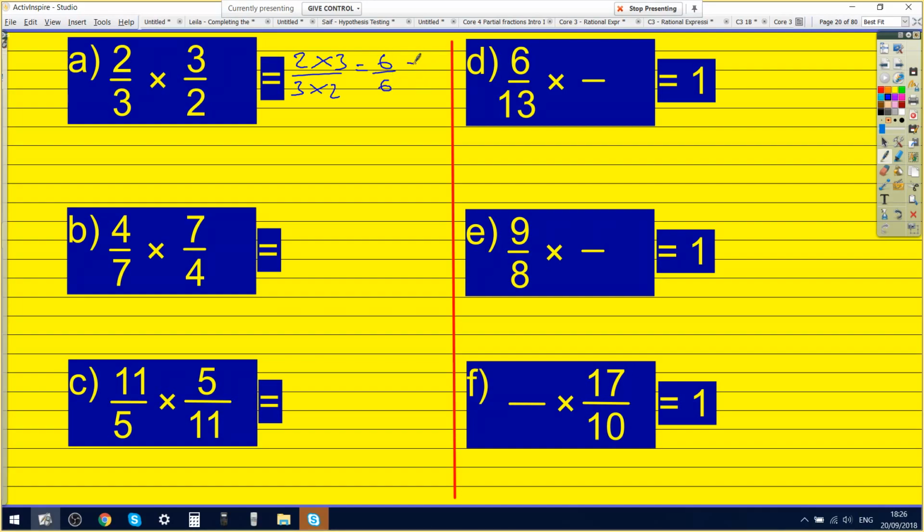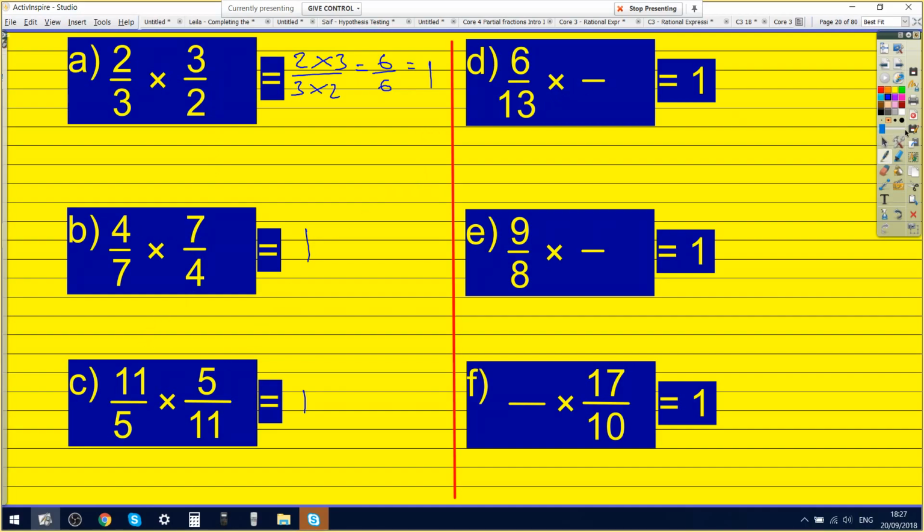What is 6 divided by 6? 1. Yeah. Next one. 14/14 and then 1. Yep. Next one. 55/55 and then 1. And so the reciprocal of a fraction is you just flip it upside down.